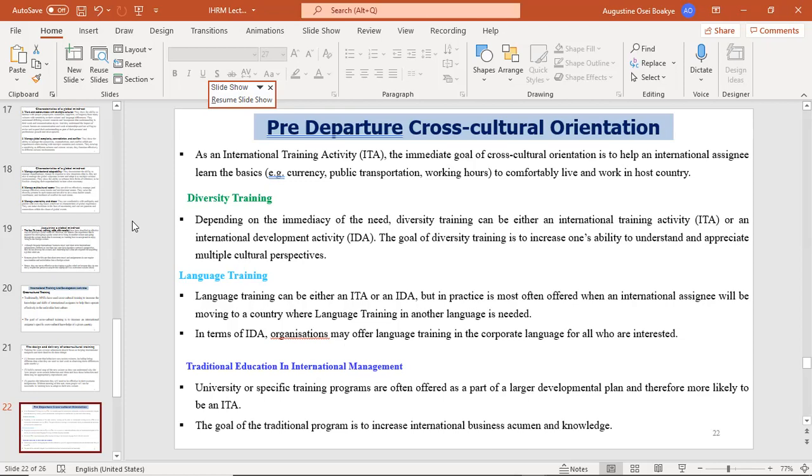The goal of the traditional program is to increase international business acumen and knowledge. It should be IDA, not IT. Let's say we are talking about development.